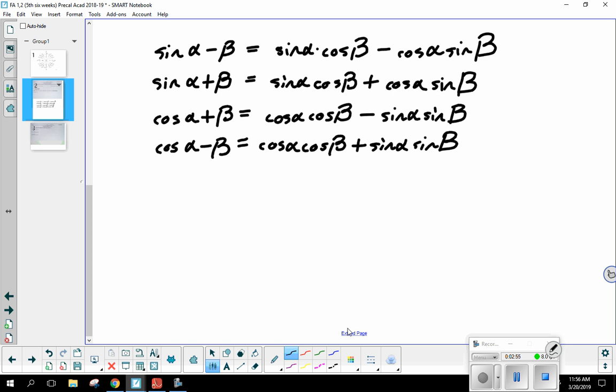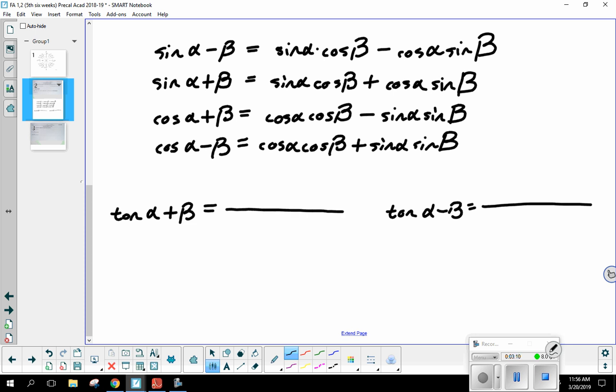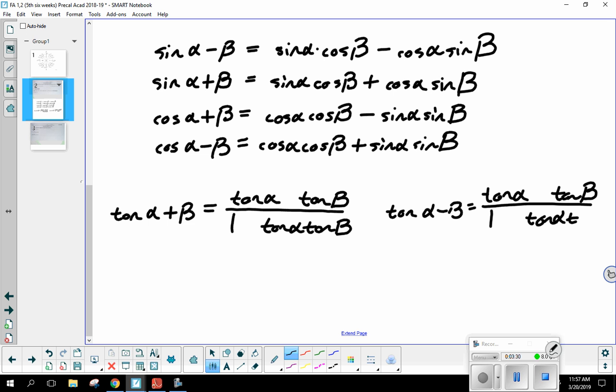Okay. And now we've got the tangent ones. Now, the good thing about tangent, whether it was a sum or a difference, let me write this one over here, alpha minus beta, it was the only fractional formulas that we had. So up top, you had tangent alpha, tangent beta, and below you had one, tangent of alpha times tangent of beta. Same thing over here if it's a difference: tangent of alpha, tangent of beta, 1, product of the two.